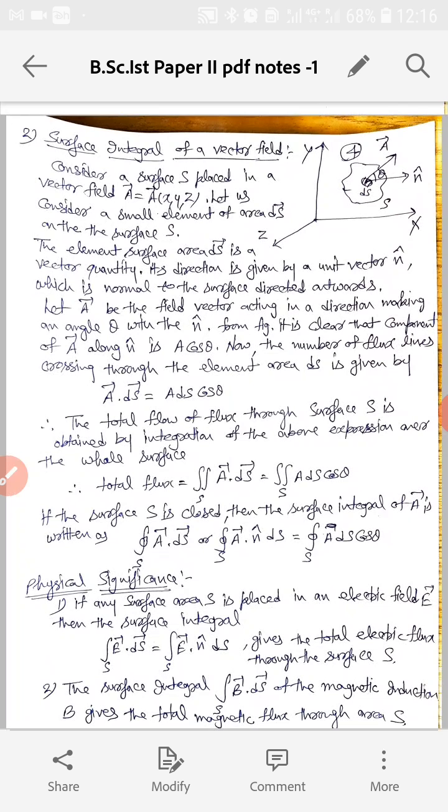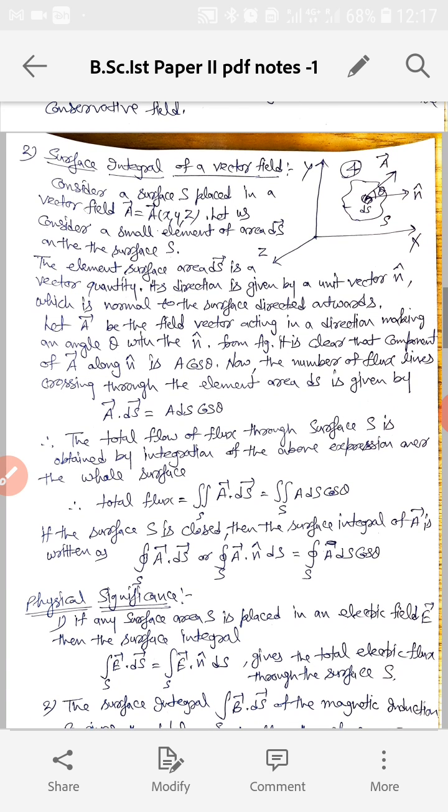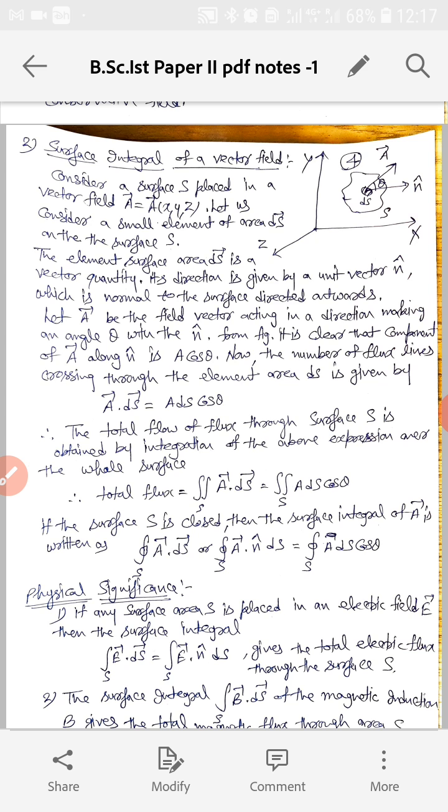In this case, we have considered a surface S in a given vector field, which is defined by A, and let us consider a small element of area ds on the surface S. Out of this surface S, we have considered a very small part ds. The area element ds is a vector quantity because the field itself is a vector field defined by the vector quantity A, and its direction is given by a unit vector n cap.